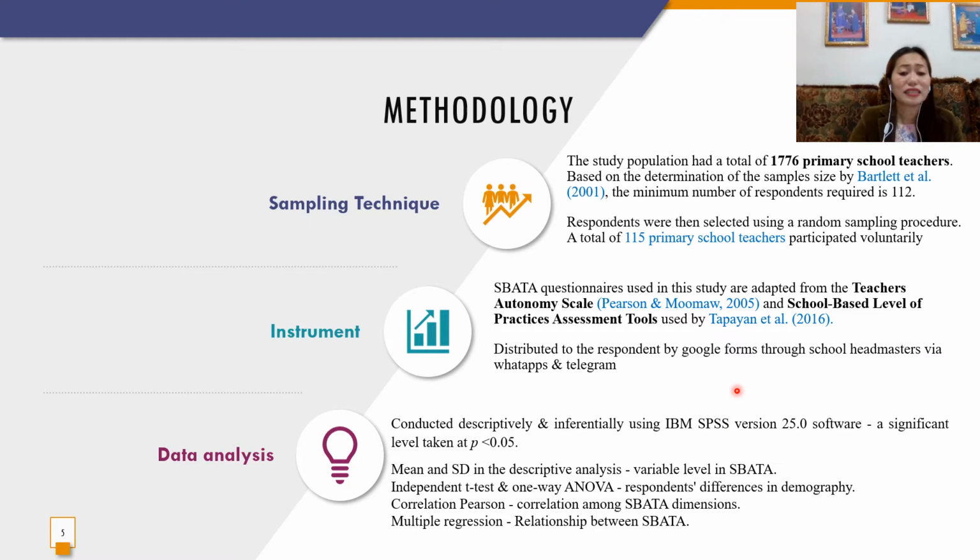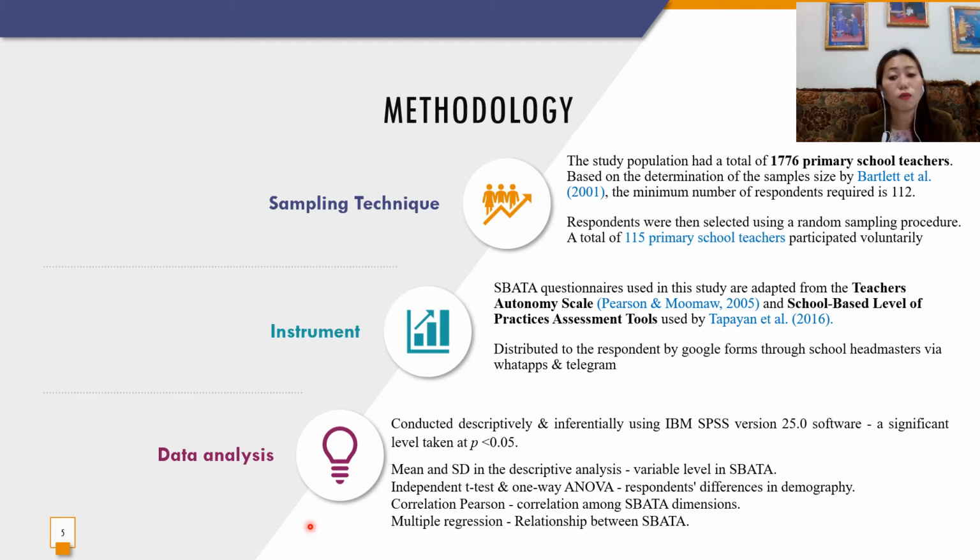For data analysis, it was conducted descriptively and inferentially using IBM Statistical Package for Social Science version 25.0. The mean and standard deviation in the descriptive analysis were used to analyze variable levels in SBATA.